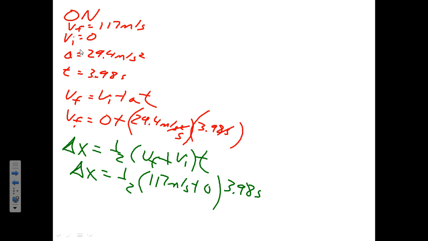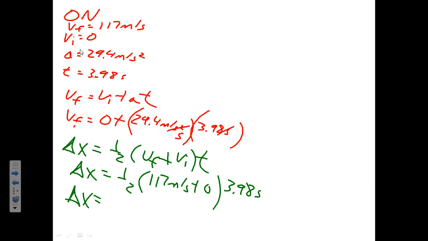All right, so let's do a little math on that. 117 times 3.98 divided by 2. And we end up with a displacement on that part of 233 meters.